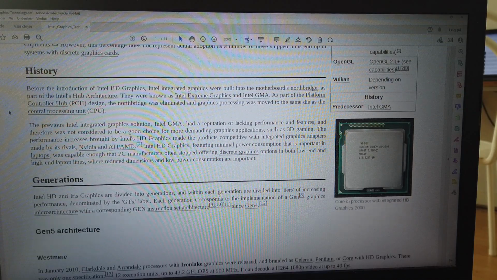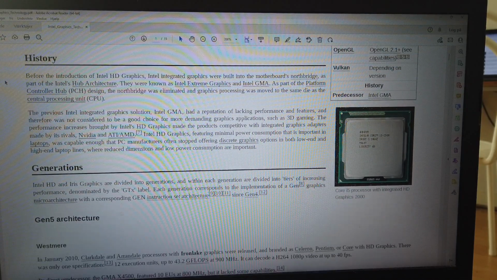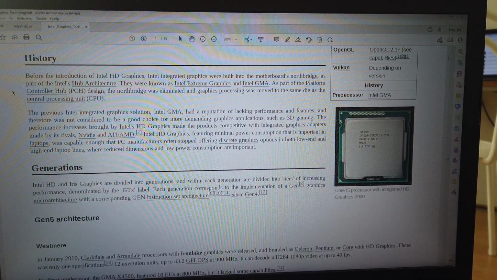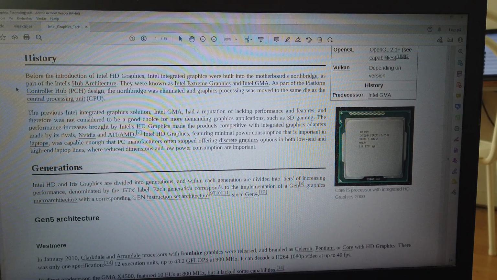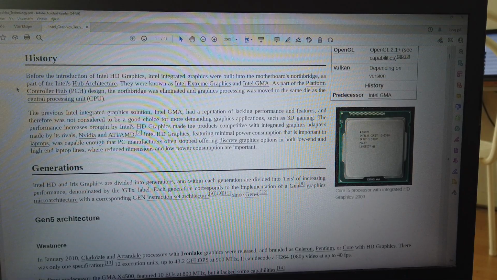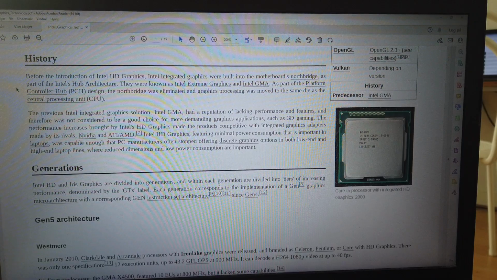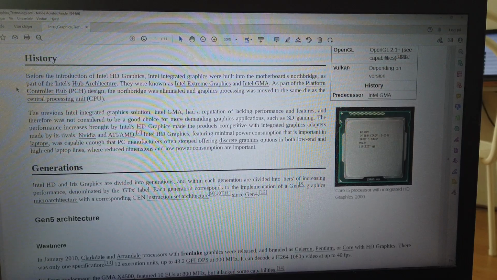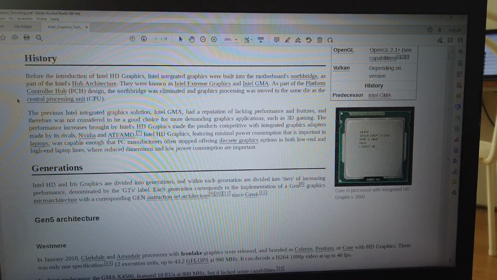History. Before the introduction of Intel HD Graphics, Intel integrated graphics were built into the motherboard's North Bridge, as part of Intel's hub architecture. They were known as Intel Extreme Graphics and Intel GMA. As part of the Platform Controller Hub, PCH, design, the North Bridge was eliminated and graphics processing was moved to the same die as the central processing unit, CPU.